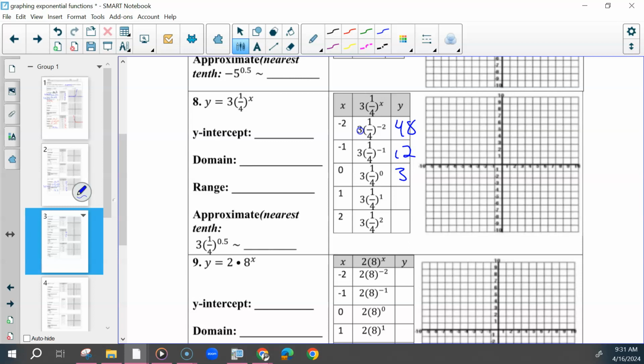Once you figure out the pattern, you could start using that pattern instead of using your calculator. Say that one more time. It's going to be over 4.